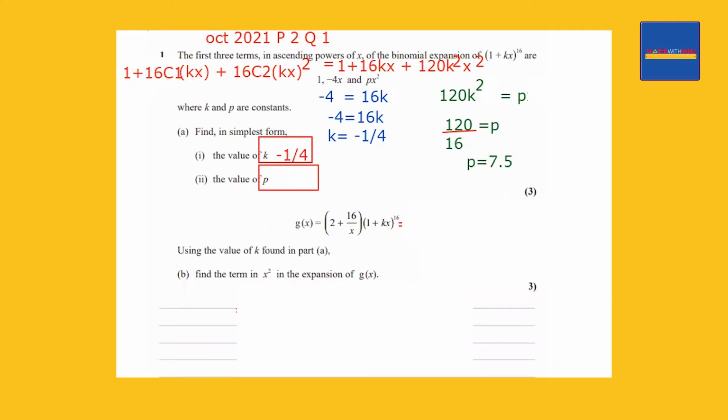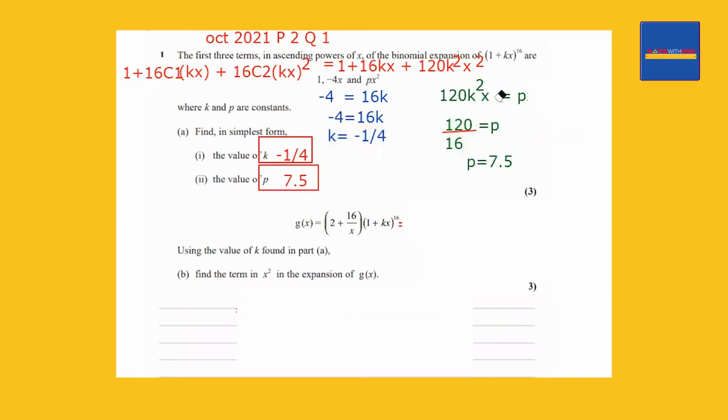But we also know that k is equal to minus 1/4. So we replace k with minus 1/4. k squared is 1 over 16, and that's how we end up with 120 over 16. And finally, we have our answer of p is equal to 7.5.